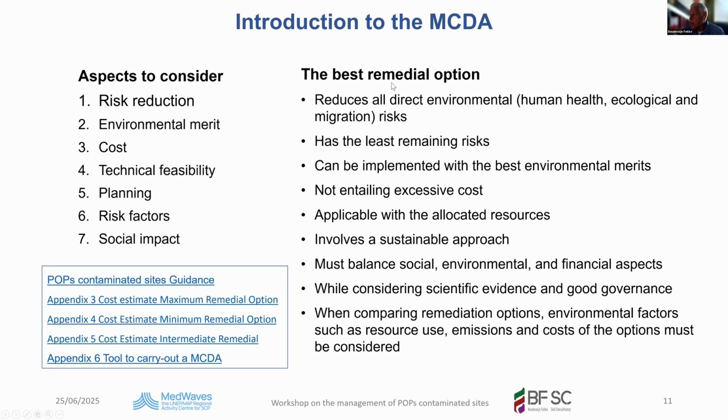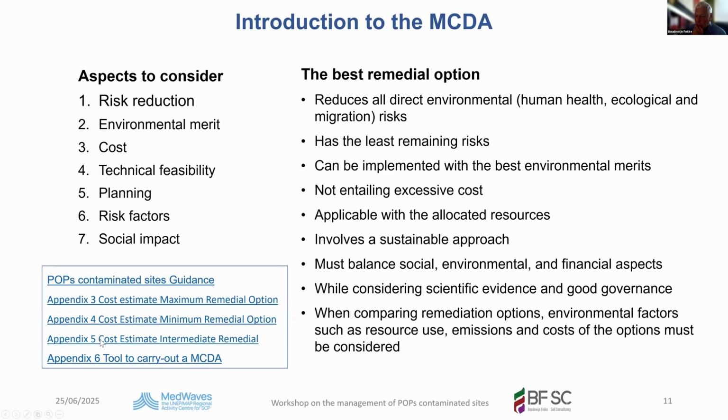And the best remedial option reduces all environmental risks, so human health, ecological, and migration, has the least remaining risk, can be implemented with the best environmental merits, not entailing excessive costs, applicable with available resources, involves a sustainable approach, must balance between social, environmental, and financial aspects, while considering scientific evidence and good governance. When comparing remedial options, environmental factors such as resource use and emission cost of the options should be considered.